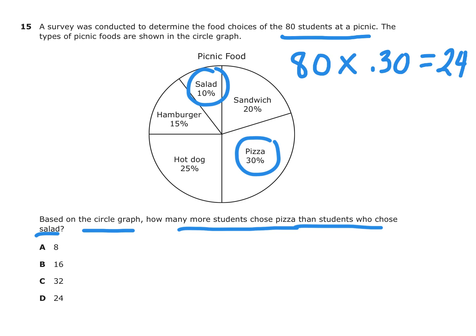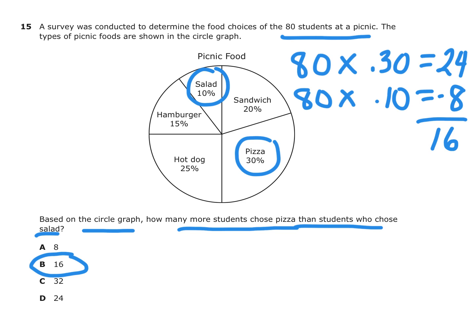You could multiply 8 times 3 and get 24, and then the percent cancels with the 2 zeros. We'll do something similar with the 10%. So 80 for the salad times 10%, and we have 8 times 1, that's 8. So 10% of 80 is exactly 8. And when we subtract 24 minus 8, that gives you 16. So for number 15, the answer here is 16. So the answer was B. So 16 more students would choose pizza over those who ate salad.